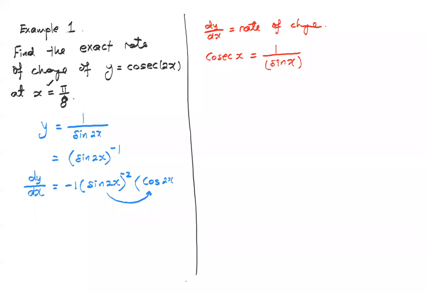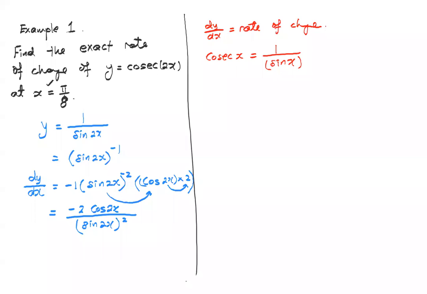Can I stop here? No. I still have to multiply by the derivative of this, that is 2. So you see, a lot of steps. You have to go step by step. So this is equal to -2 cos 2x over sin 2x squared.